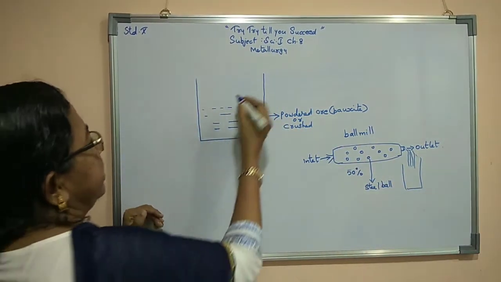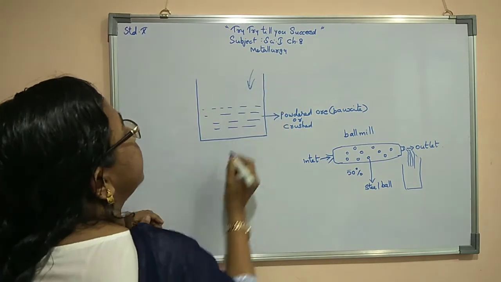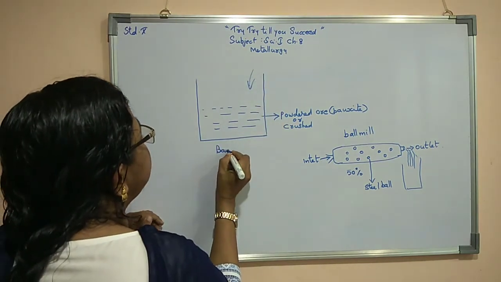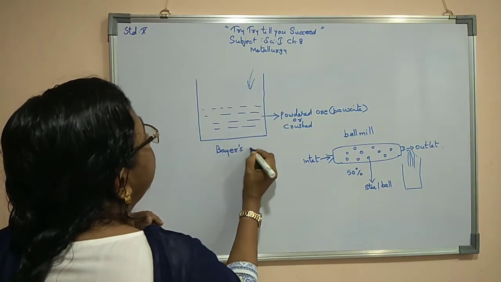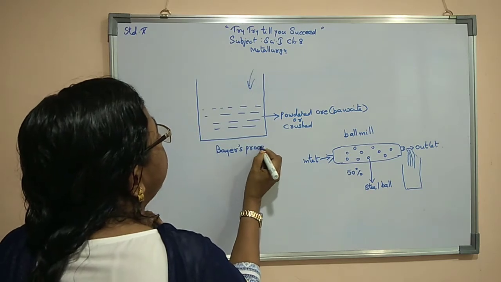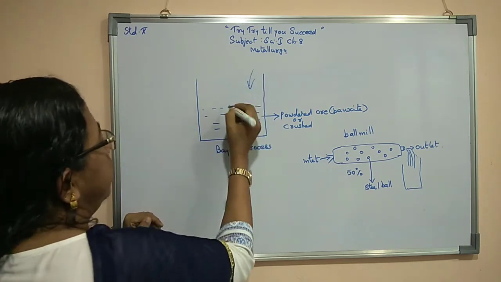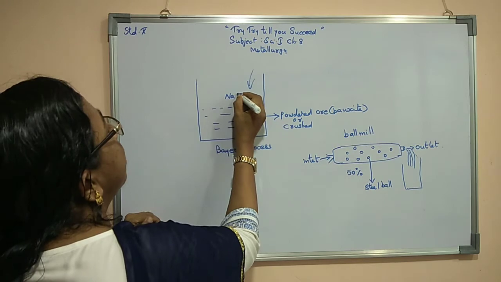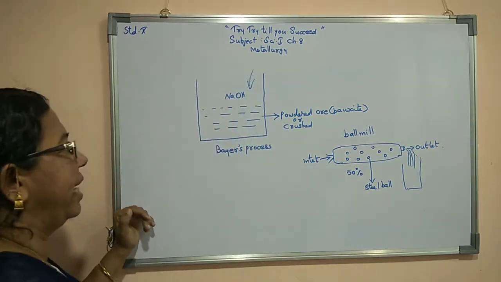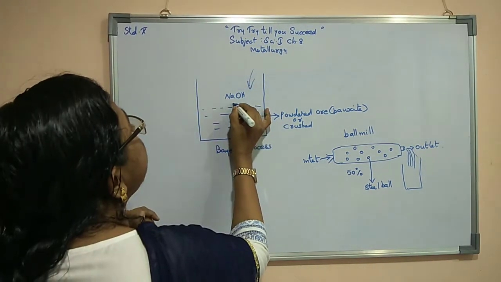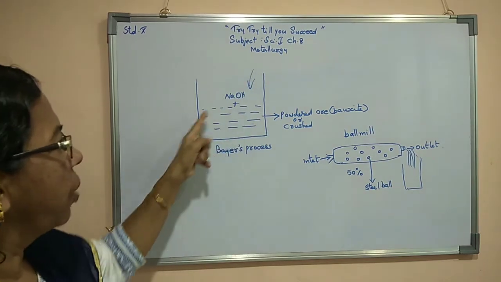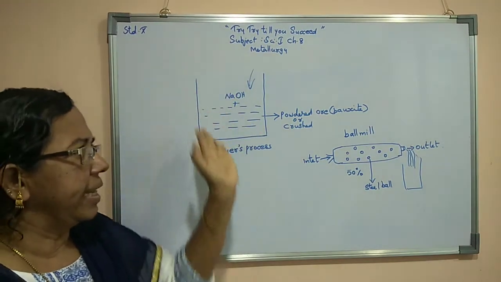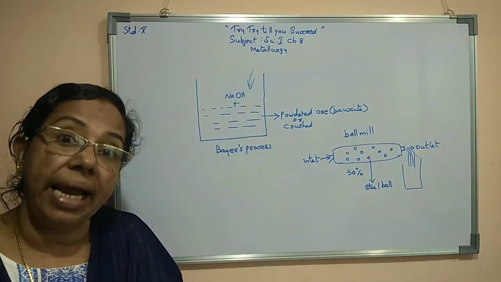Now in this we have to add, this I am explaining about Bayer's process, Bayer's method. So here I am now adding sodium hydroxide solution, NaOH solution. So here we can say the powdered ore is there, and in that sodium hydroxide solution is added.